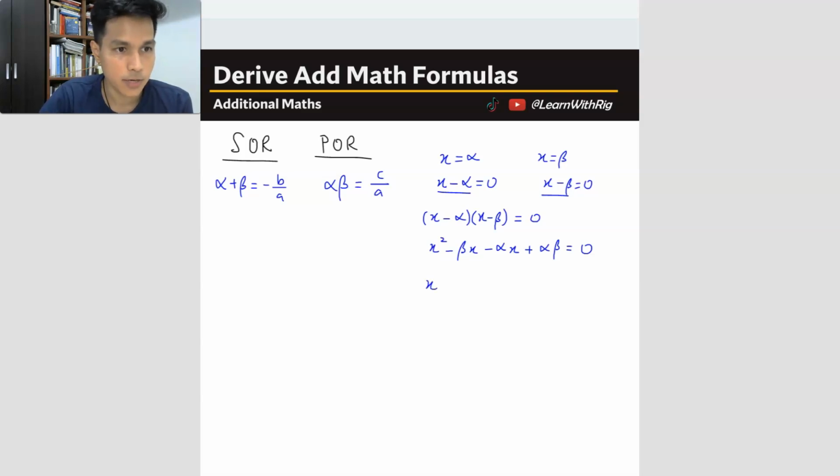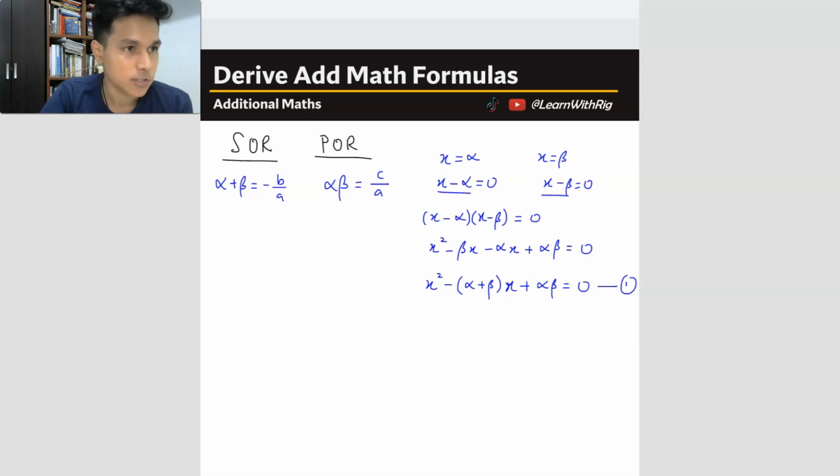When you combine, you get x square minus (alpha plus beta)x plus alpha beta. Okay, so now we got the first equation, by using the roots, making it equal to 0, and then expanding to form a quadratic equation.